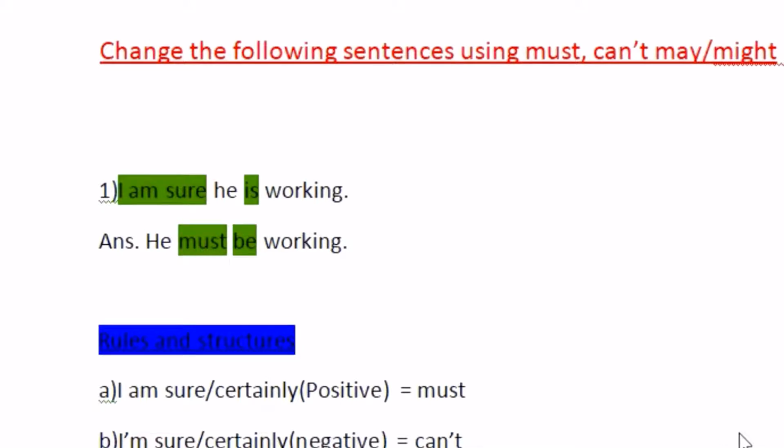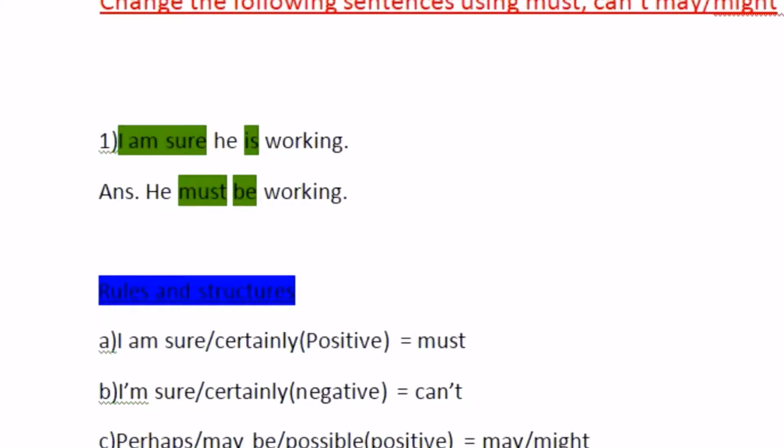Perhaps, maybe, possible, and if the sentence is positive, please use may or might. And if it is the same thing, perhaps, maybe, possible, but the sentence is negative, please use may not or might not.